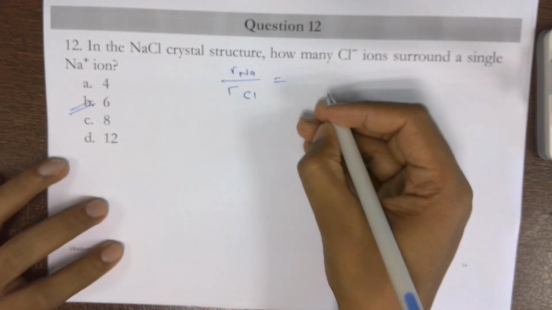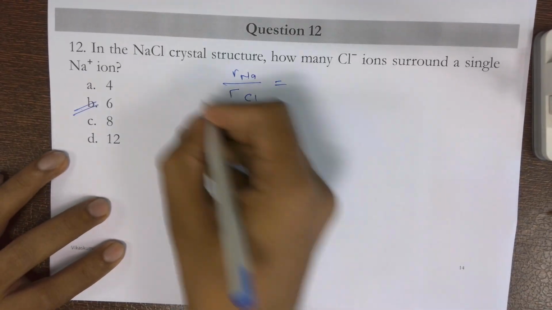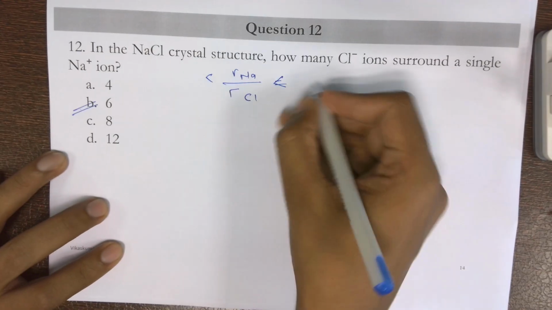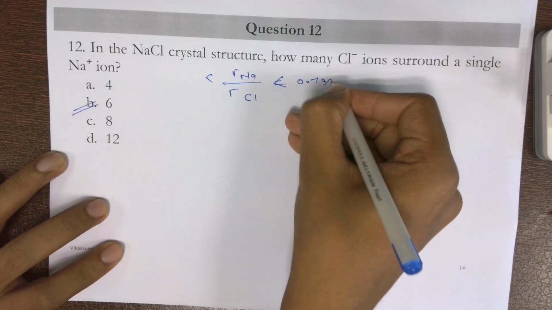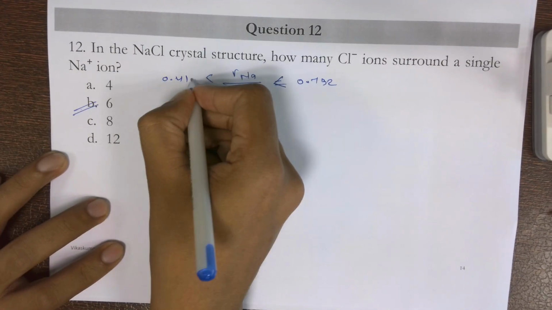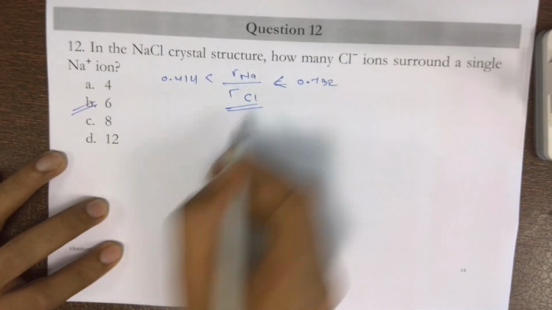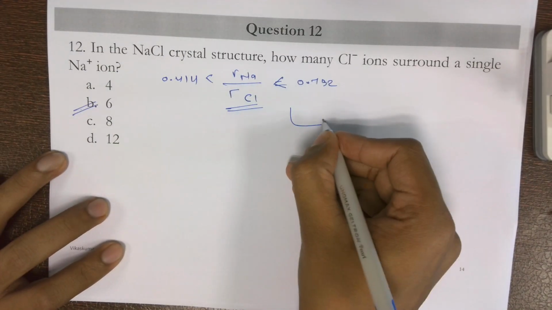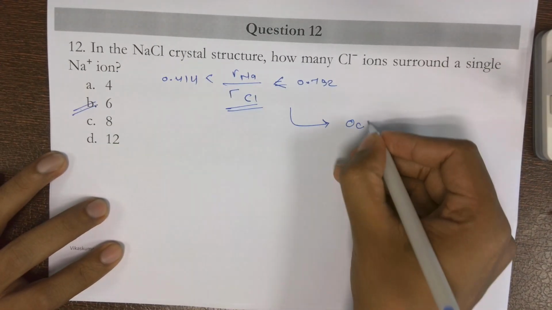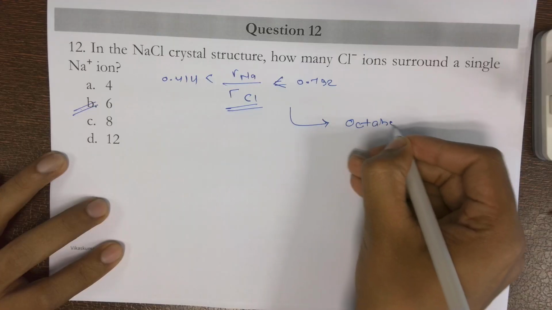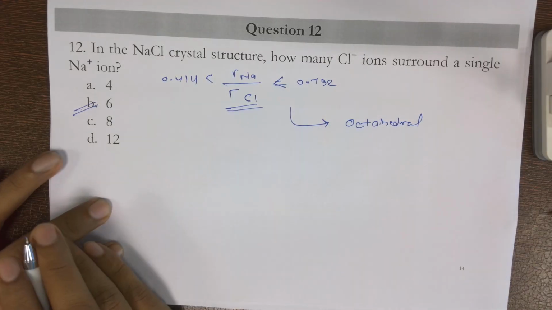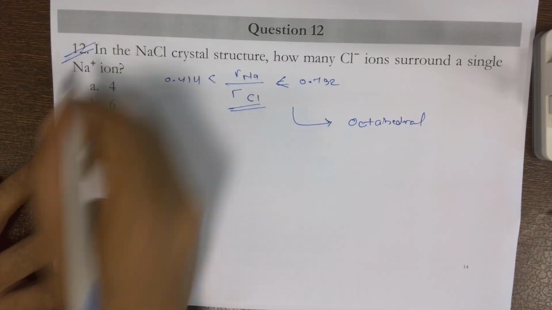For NaCl, the ratio will come out somewhere in between 0.73 and 0.414. It comes in between this, and we know in this range the coordination is octahedral. So the right answer is correct.